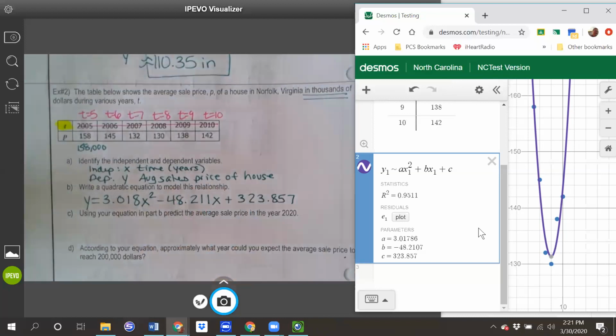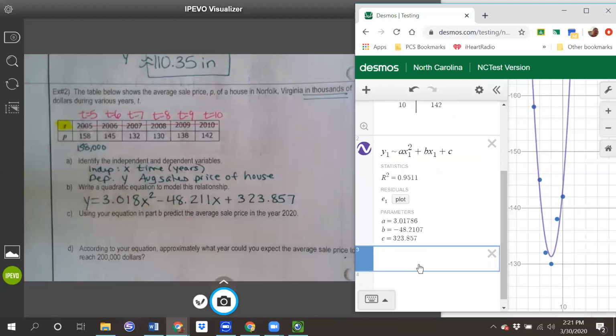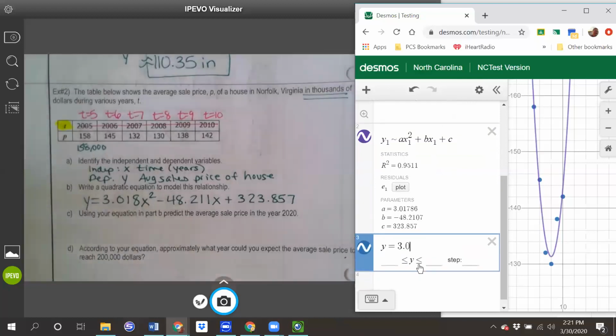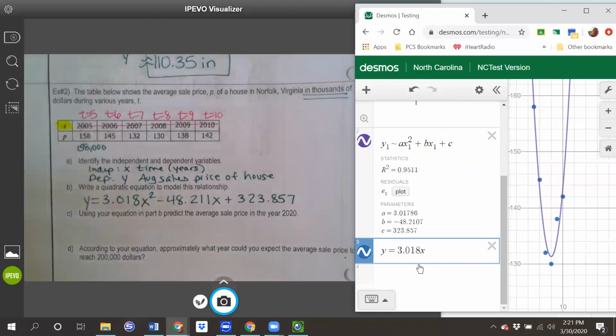Using your equation, in number 3, I'm going to type my equation in. So Y equals 3.018x squared, minus 48.211x, plus 323.857.